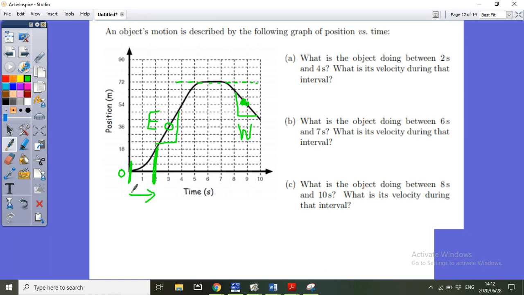So if I work out V average, remember V average is the total displacement over the total time. I hope you remembered that from last year because you're going to have to do that a bit in the examples. So the total displacement over the total time, that you can read easily, is my 18 there and my total time is 2. And that gives us 9 meters per second.